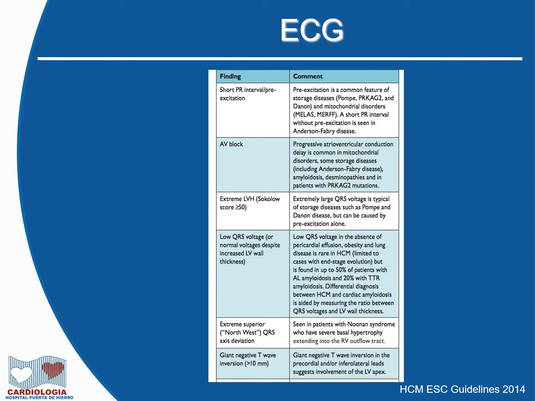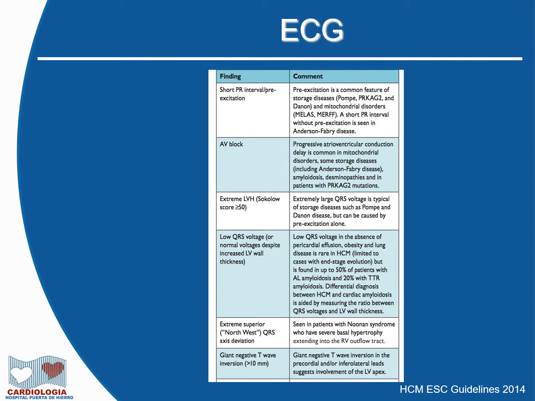For instance, if we find a short PR interval or pre-excitation, that might mean that we are having a storage disease, for instance, Pompe, PRKAG2, or Danon's, as well as mitochondrial disorders.